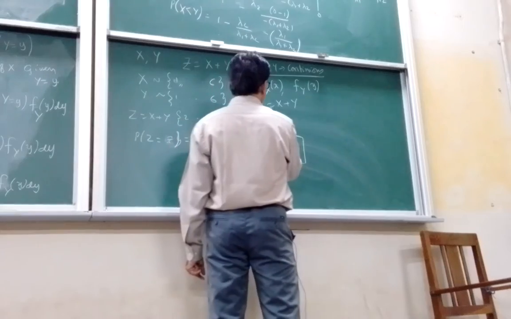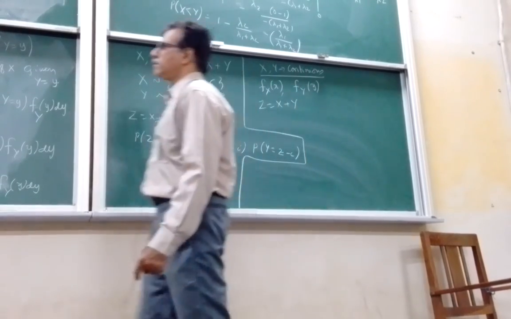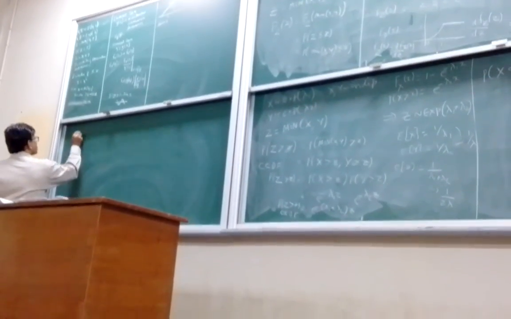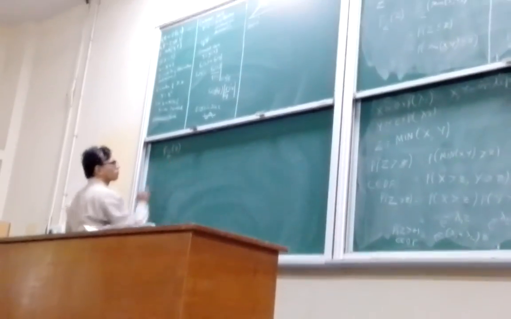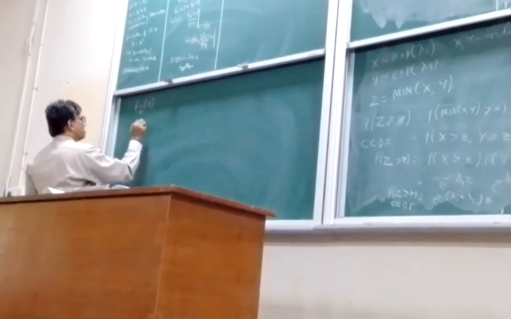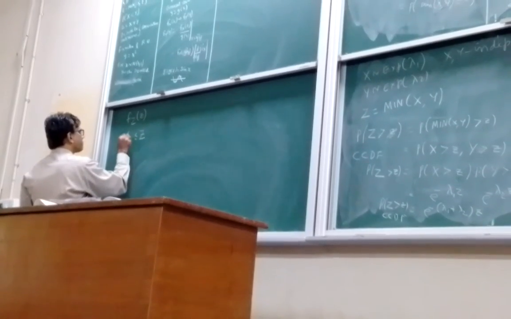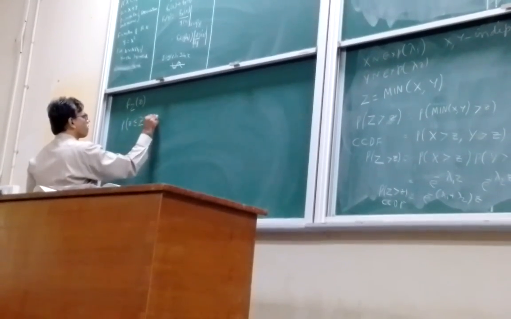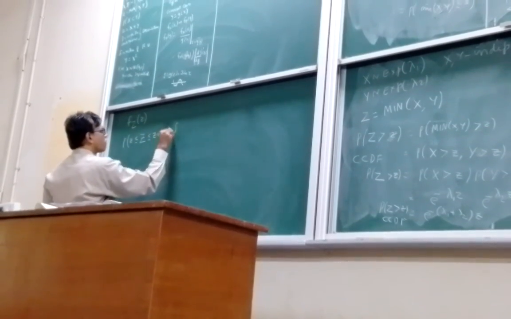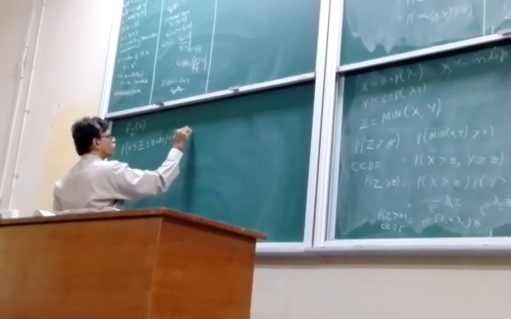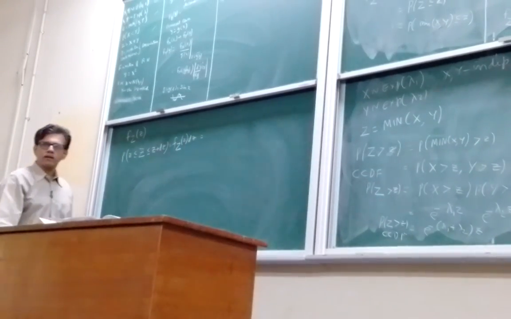You are asking, okay, we'll write it separately, you want f z of z. That is what we are doing. This is what we are looking at.